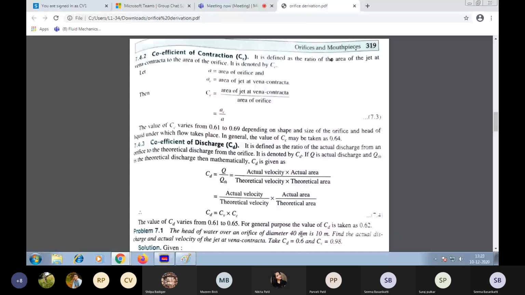Take CD equal to 0.6 and CV equal to 0.98.